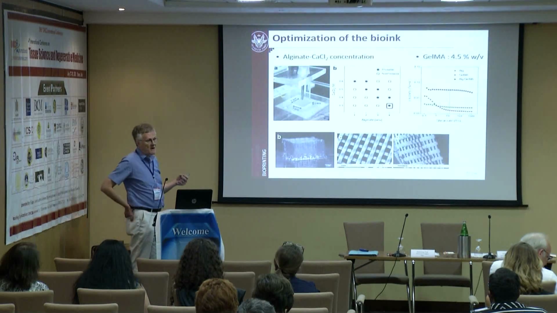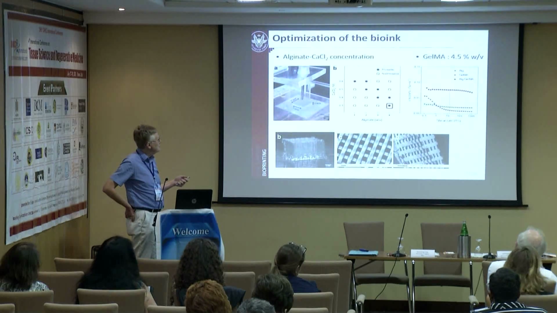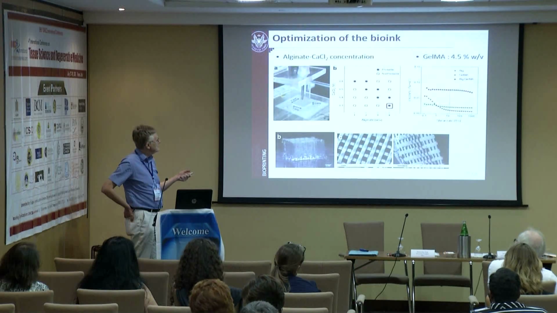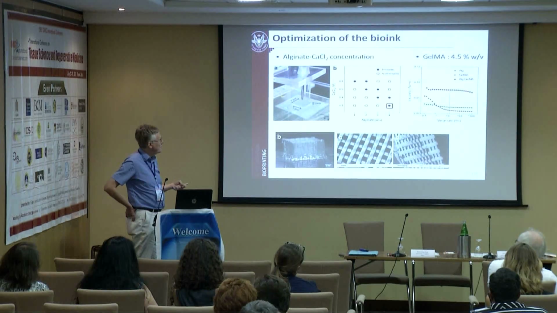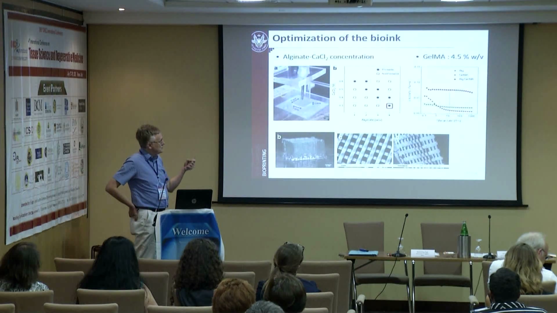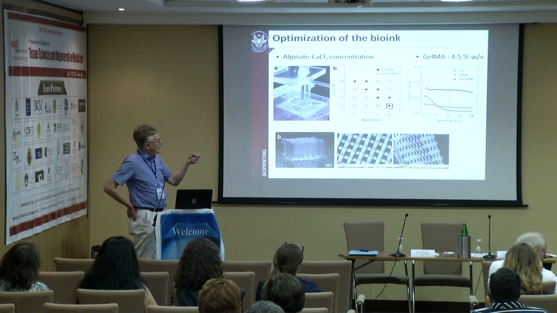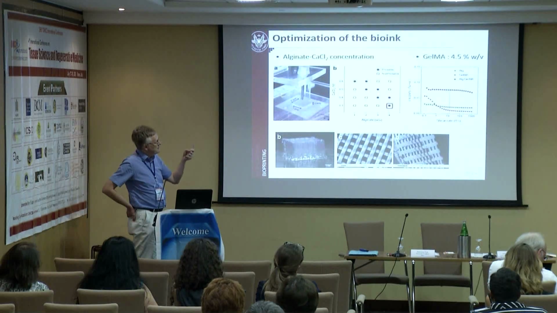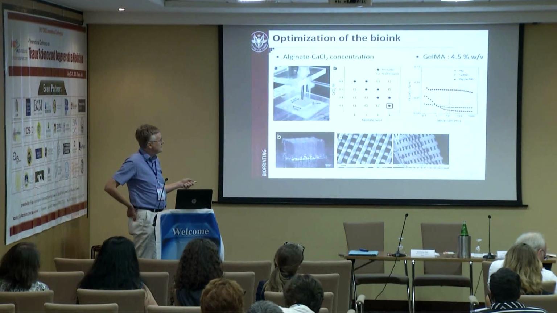So the best compromise was represented by using a relatively high concentration of alginate, while keeping the concentration of calcium low. Then we characterized the viscosity as a function of shear rate of the bioink and also of alginate and gelatin methacrylate as a reference.